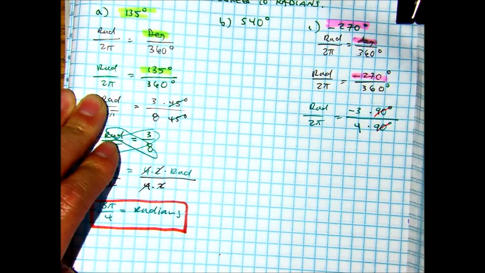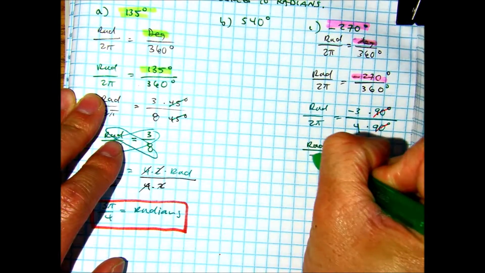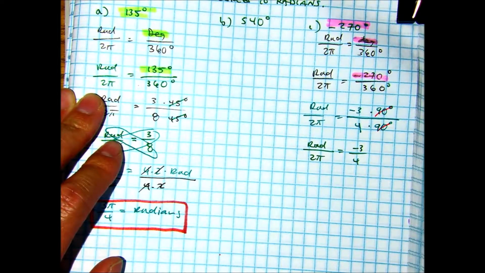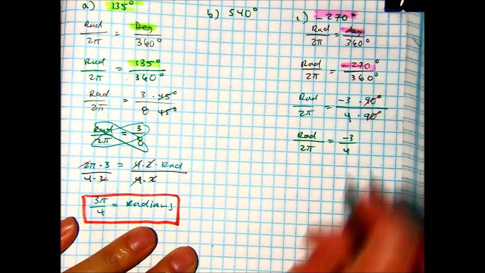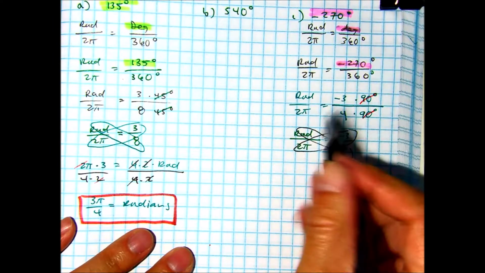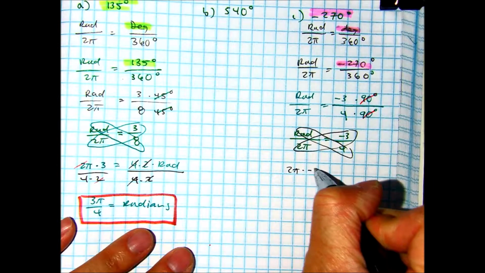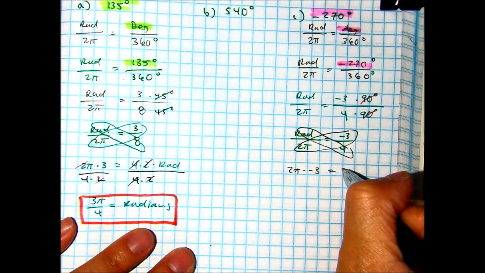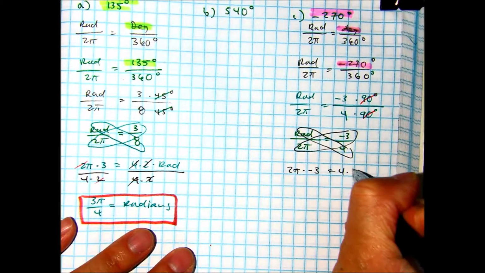So now I have radians over 2 pi equals negative 3 over 4. Class, how do you solve proportions? Let's cross multiply. Class, what do I get? 2 pi times negative 3 equals 4 times radians.